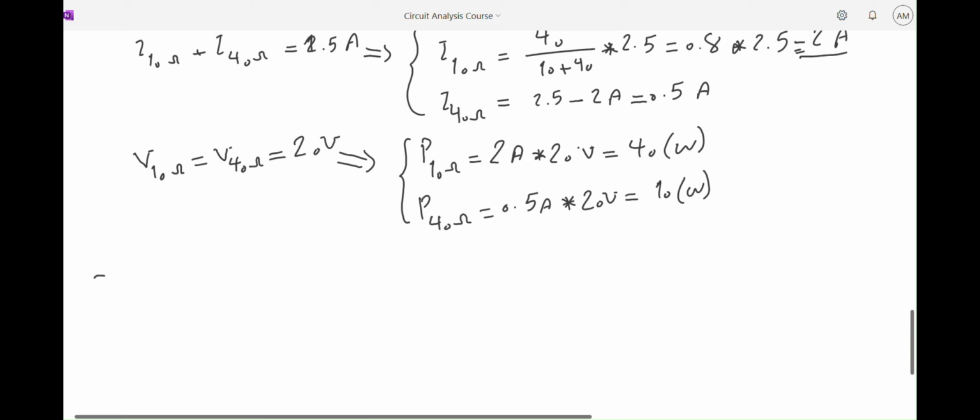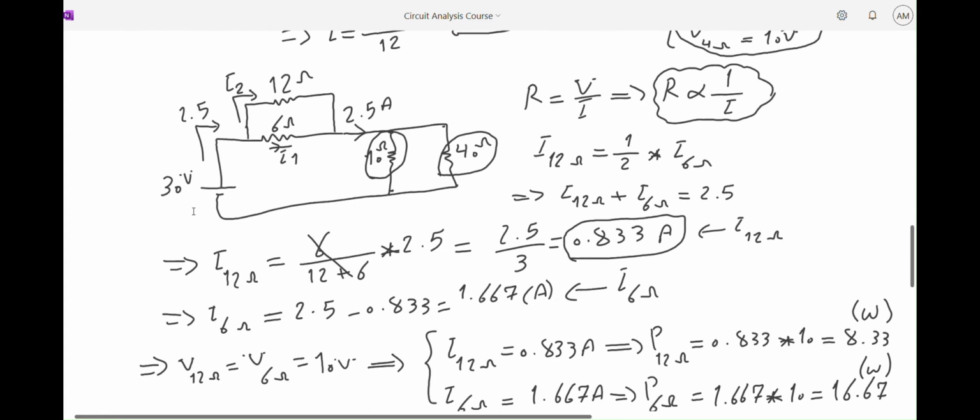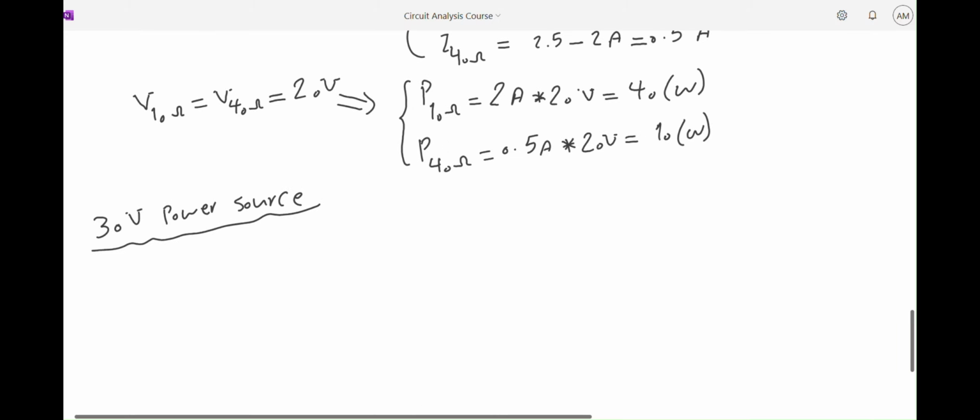But I also had a 30 volt power source. If you remember, I also have the power source. What about the power source power? Over here, the power source generates or delivers power into the circuit. So the power of the power source mathematically is calculated the same way.